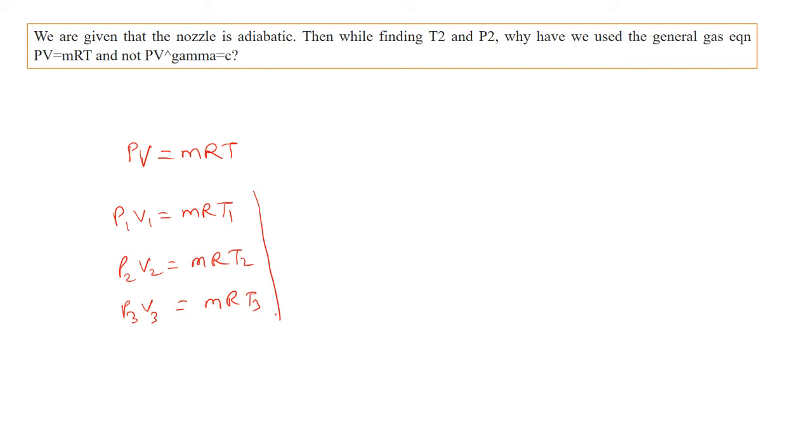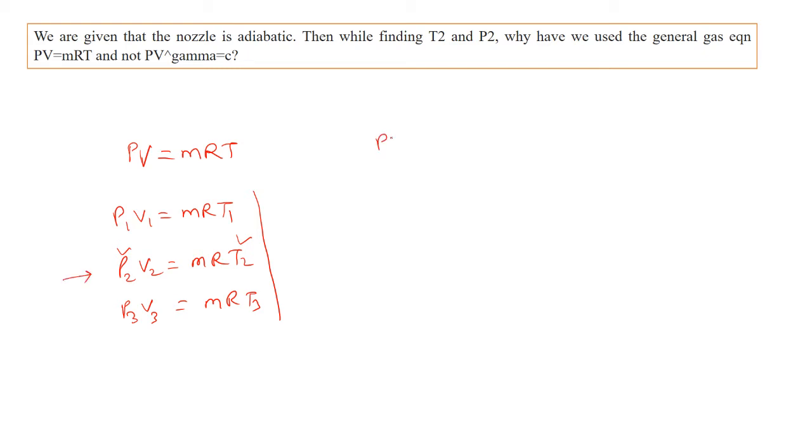As it is said, we know P2 and T2, so we can find out other variables of the state, or we are using other variables of the state to find out P2 or T2. If one of the variables is unknown for the state, then we can use the equation of state to find out that variable of that state.